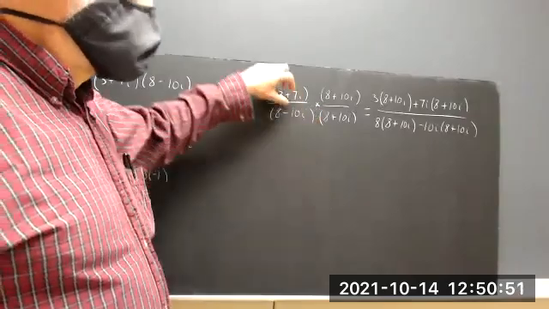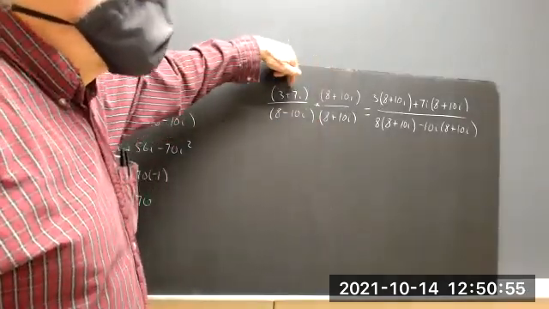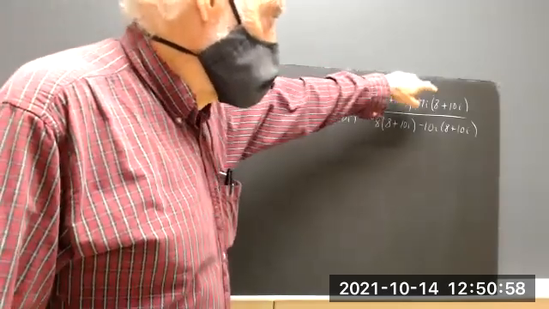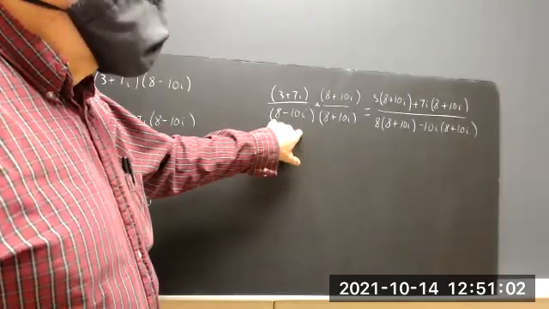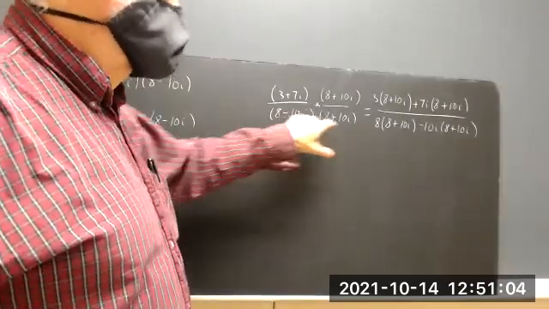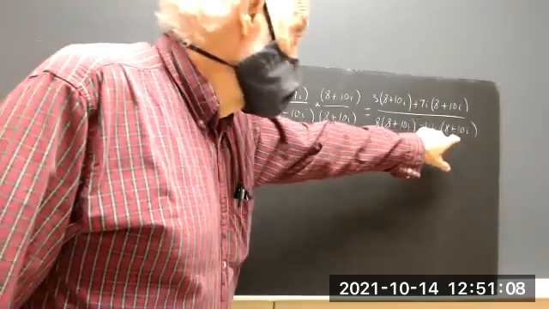3 plus 7i times 8 plus 10i is 3 times (8 plus 10i) plus 7i times (8 plus 10i). And 8 minus 10i times 8 plus 10i is 8 times (8 plus 10i) minus 10i times (8 plus 10i).